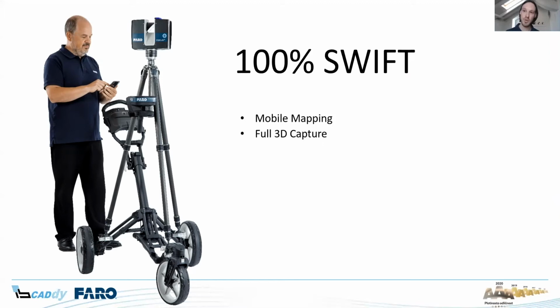We deliver you a trolley with the Swift, which is adjusted in our manufacturing, that you can place on the tripod and the ScanPlan holder. But if you want, you can always switch it out to other trolleys, which are smaller or larger or higher as you need. So we combine here 100% Swift for mobile mapping with full 3D capture.